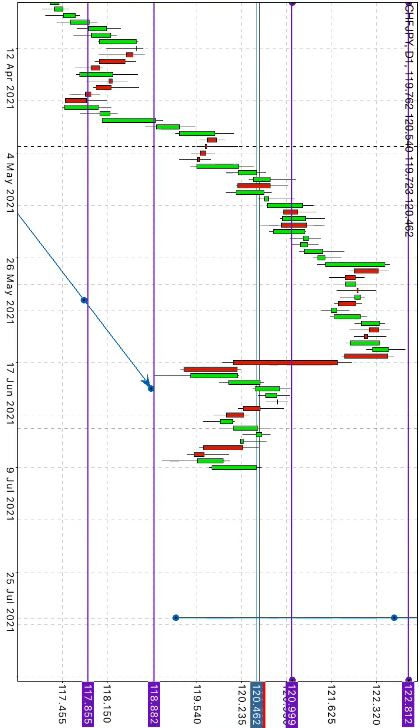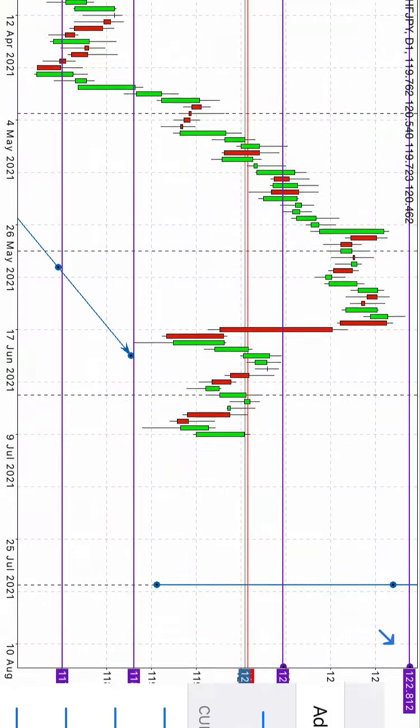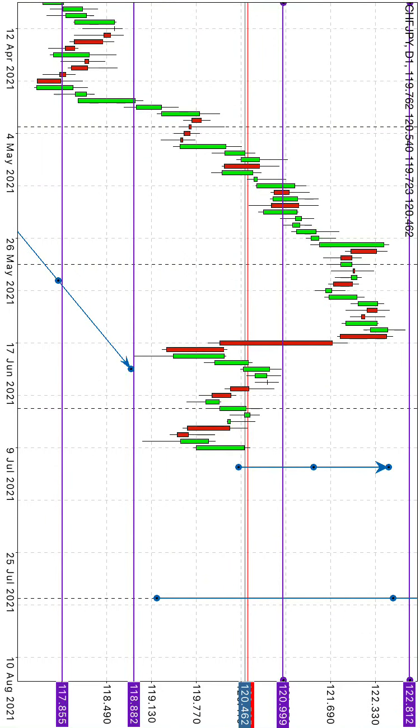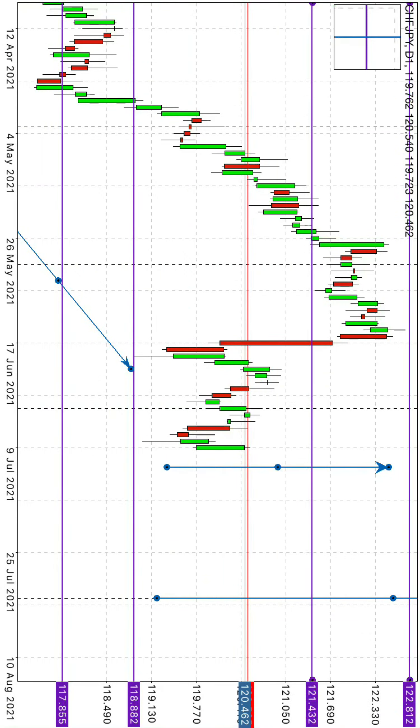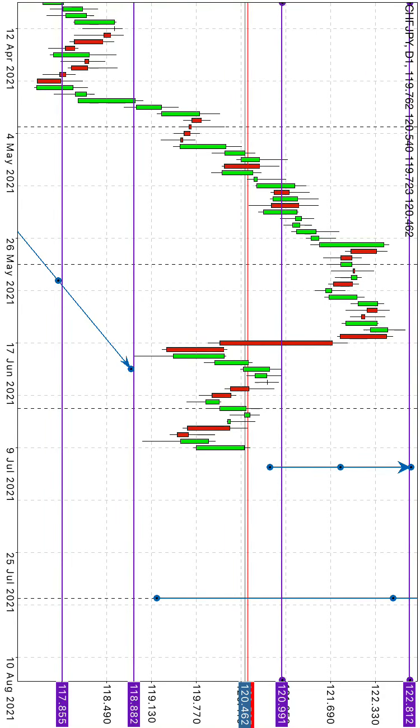right? Then from there, for making entries, I will wait for the market to break above 120,991, which is the neckline of that W formation.